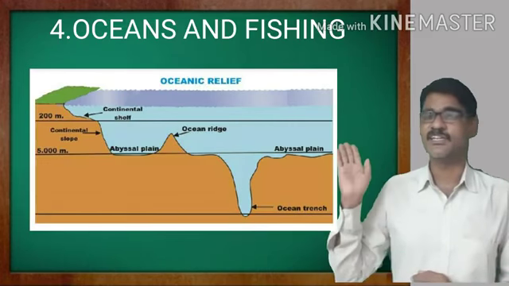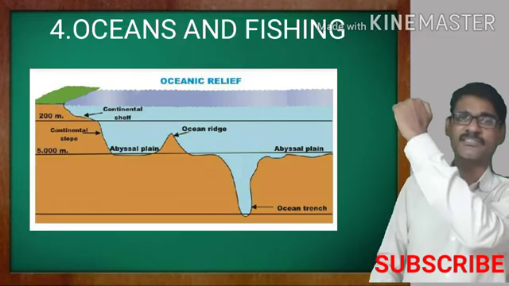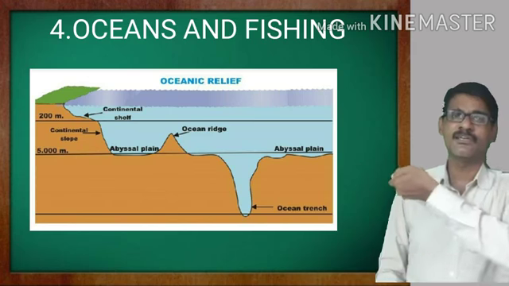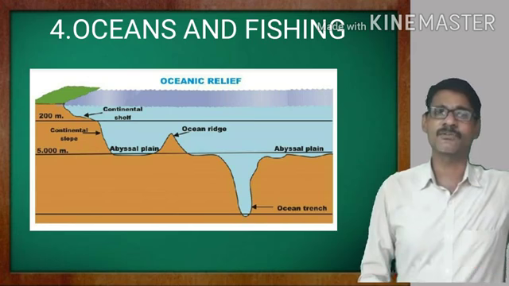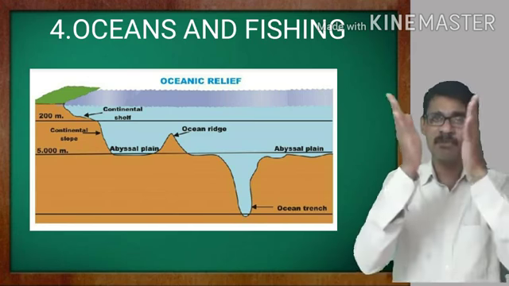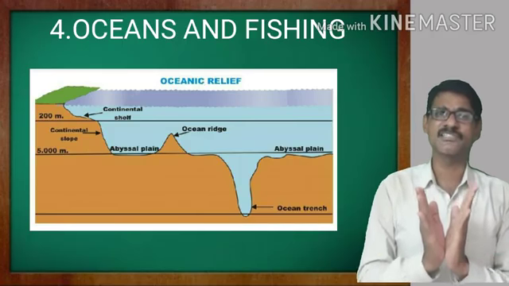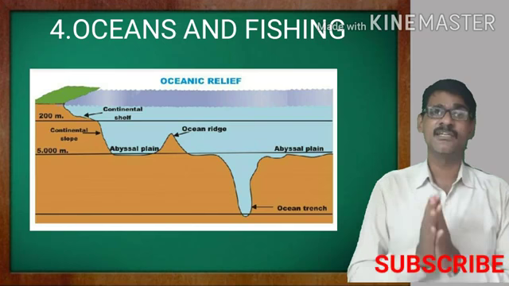Ocean relief is divided here: first the continental shelf, then the continental slope, next the deep sea floor, and after that there are some trenches. Valleys in the oceans are called trenches, and they are very deep.